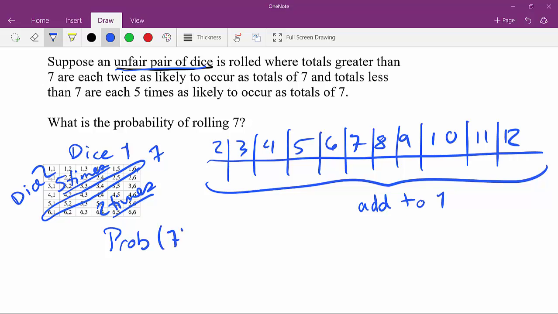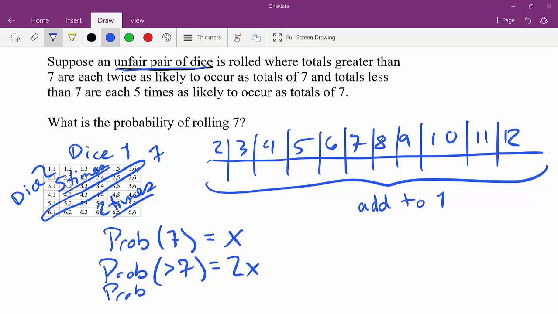we could say the probability of rolling a 7 is x, our unknown, and the probability of rolling greater than a 7 is going to be twice x, so 2x, and the probability of rolling less than a 7 is going to be 5x.